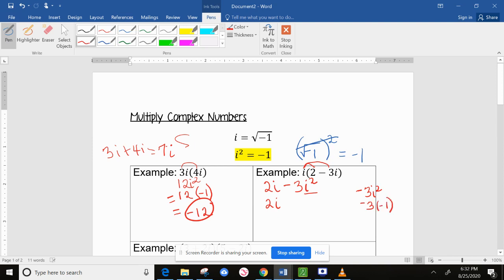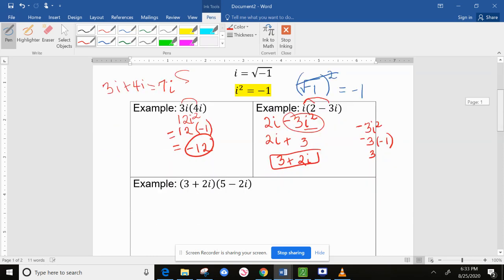So we replace that with that. And what happens when you multiply two negatives? You get a positive, right? So this entire part of the problem right here, -3i squared, is really the same as a +3. When we write our answer, we normally will write the real number first and the imaginary number second. So we'll do that. So there's your answer for that one.